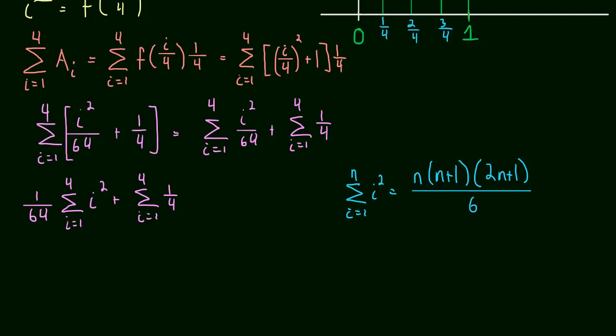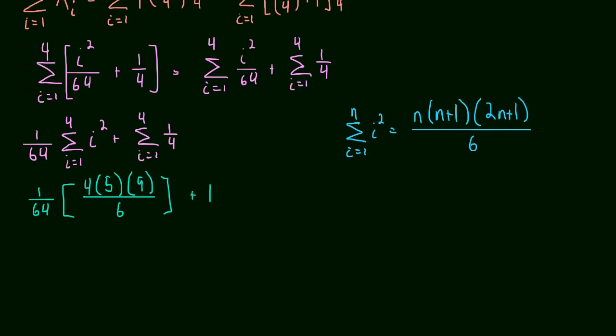So this becomes 1 over 64 times, well, n is 4, times n plus 1, that's 5, times 2n plus 1, that's 8 plus 1, that's 9, all over 6. And then the sum of a constant is just the number up here times the constant. So this is 4 times 1/4, which is just plus 1.